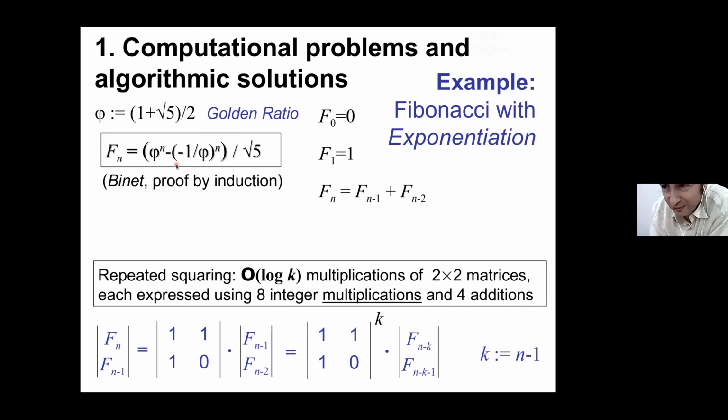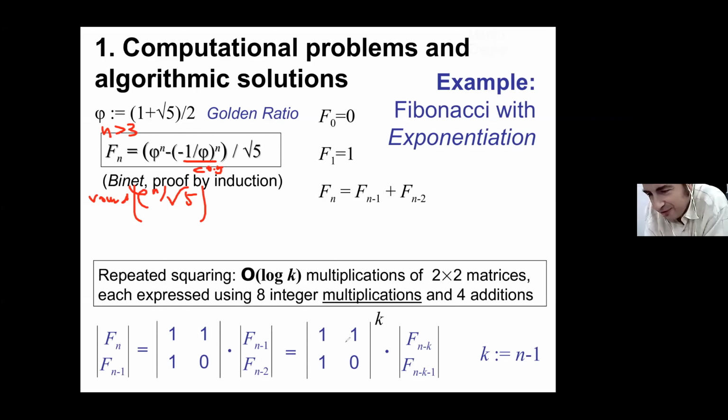So this means, in principle, that when n is bigger than, let's say, 3 or whatever, then this number here is less than 0.5, and then you can simply take phi to the n divided by square root of 5, and then you can round it to the nearest integer. Okay, and this will give you a formula for the Fibonacci number.